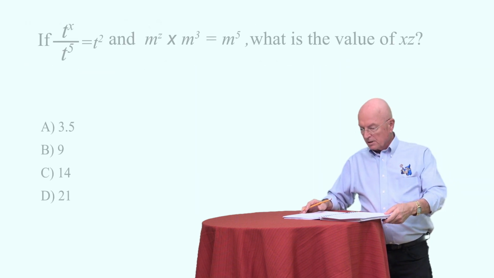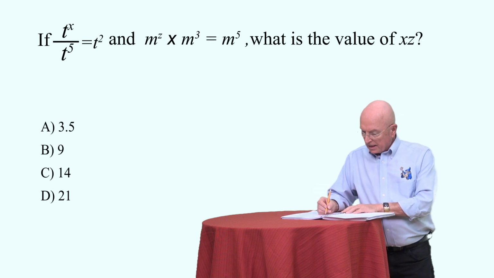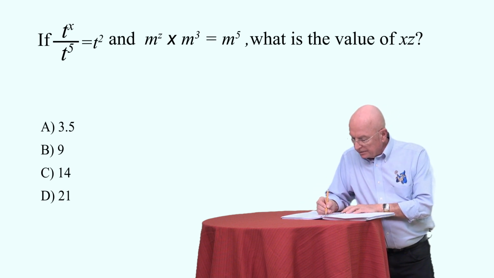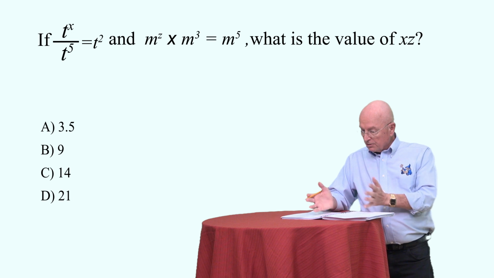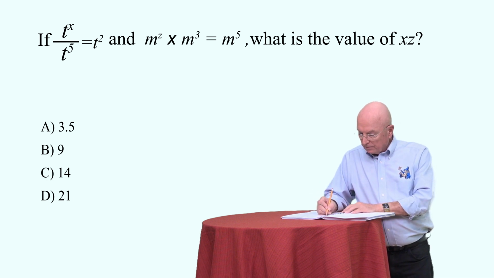Look at question number 1 in your book, and it's asking you t to the x over t to the 5th power equals 2, and m to the z power times m cubed equals m to the 5, and then it says multiply x times z. Well, fairly straightforward. What do you do when you're dividing exponents? That's exactly right. You subtract.